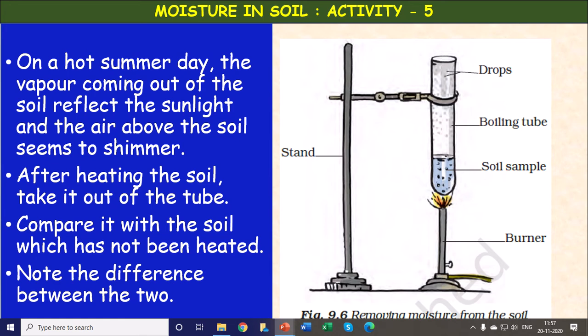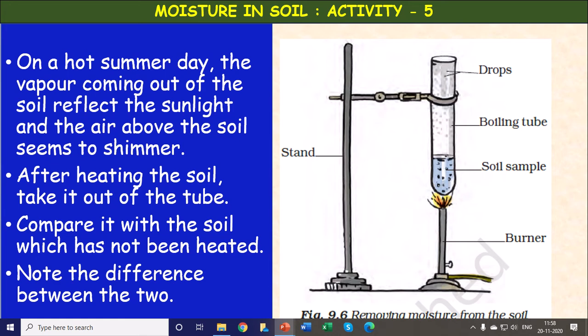Because of the particles of the soil, in the texture we have studied, the soil with more clay particles compared to sand particles can retain more moisture than the soil with more sand particles. Why? Because in the soil with sand particles, there are more spaces, but the water cannot be retained. Whereas the soil with more clay particles, they are closely arranged, small gaps are present, those gaps hold the water, isn't it?